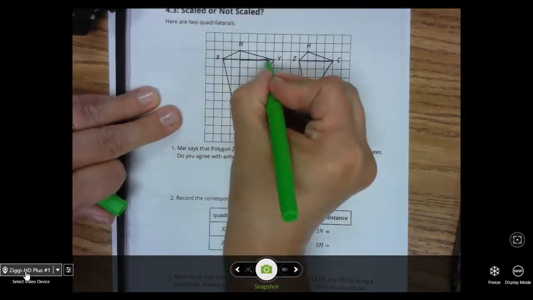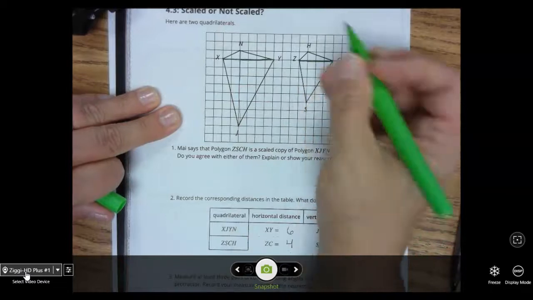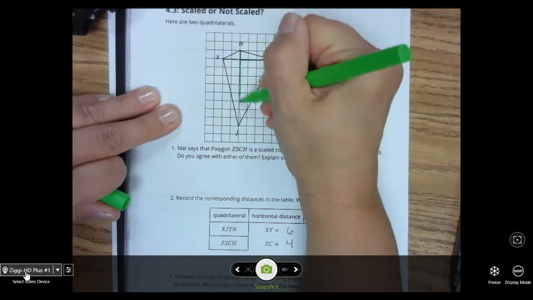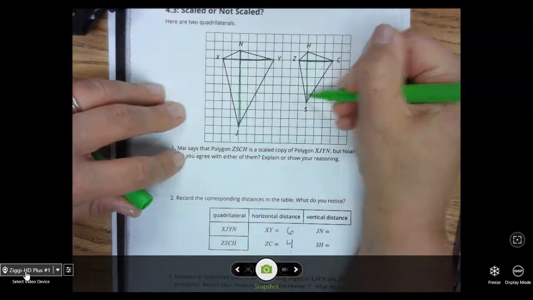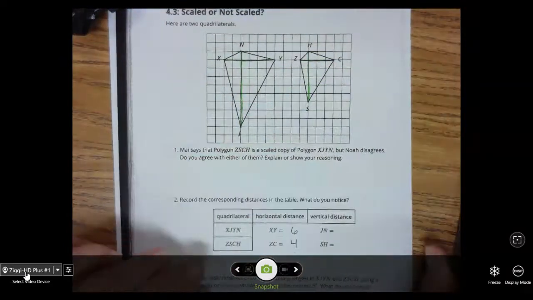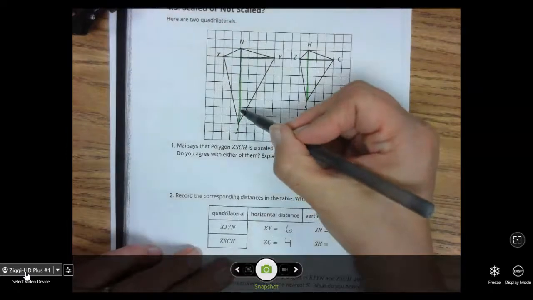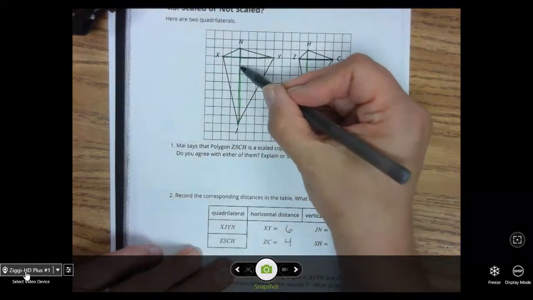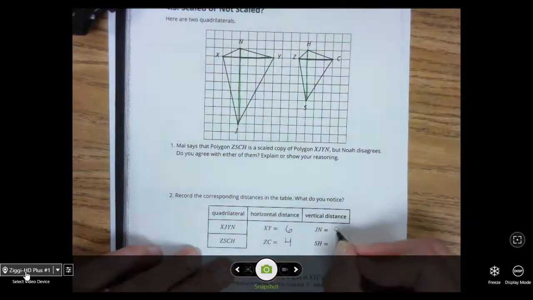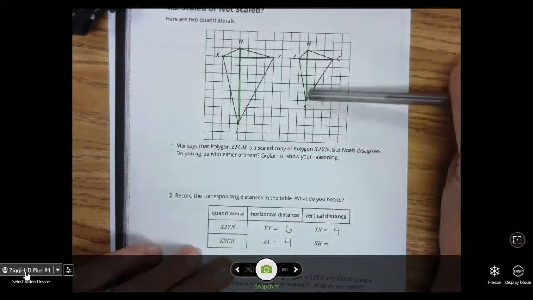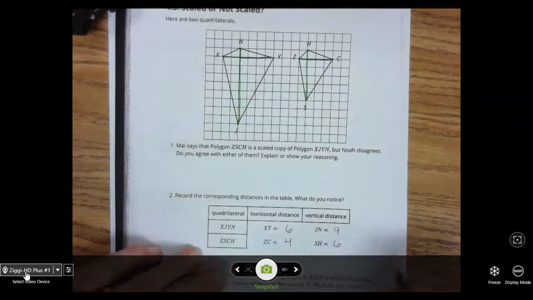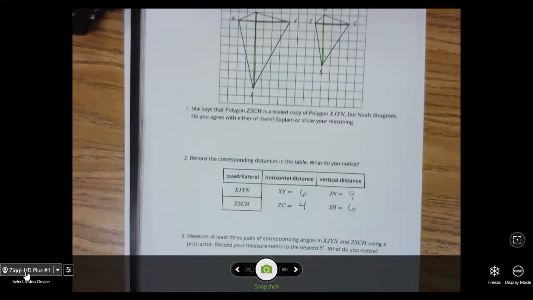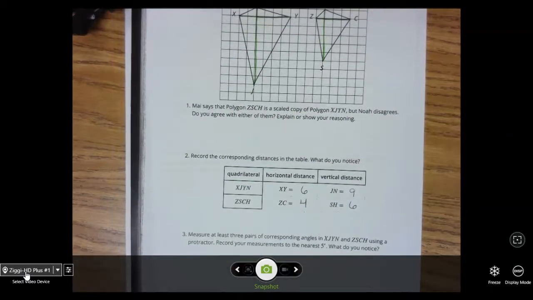So we did this one, and now we're doing this distance. So from J to N is 1, 2, 3, 4, 5, 6, 7, 8, 9 squares, and S to H is 1, 2, 3, 4, 5, 6 squares. What do you notice about these numbers?